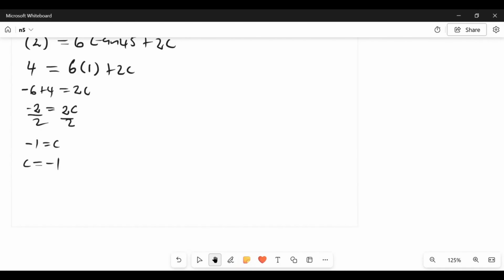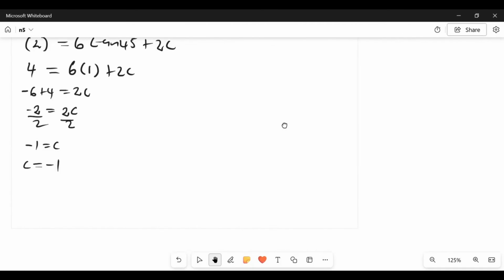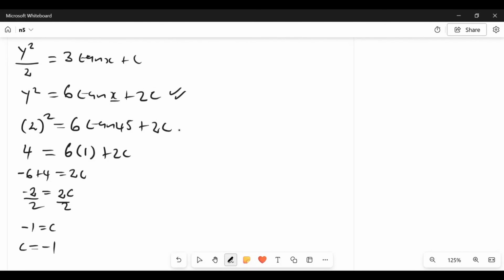Let's go back and see what the actual equation was before we found c. If you look at this step here, we can substitute our c there. So y squared is going to be equal to 6 tan x plus 2c, but instead of writing c, we're going to write -1. So let's work it out.